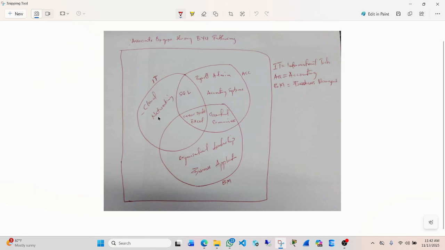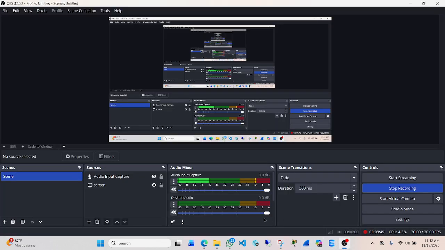I hope left join was well explained. For IT left join accounting, you keep cloud networking, SQL, career development, and Excel. So my reflection is that in the full join, all the skills are included. Thank you very much.